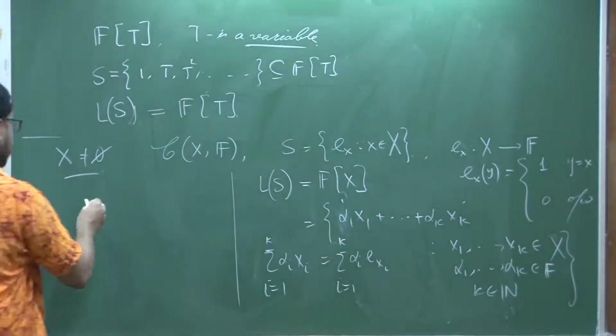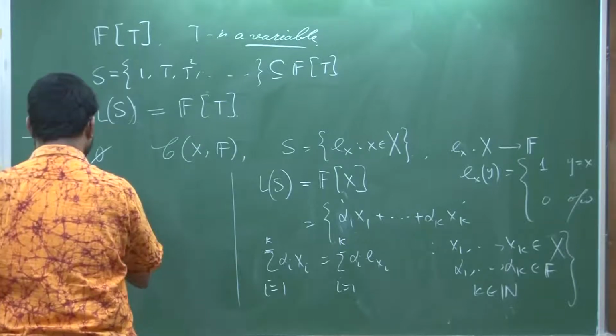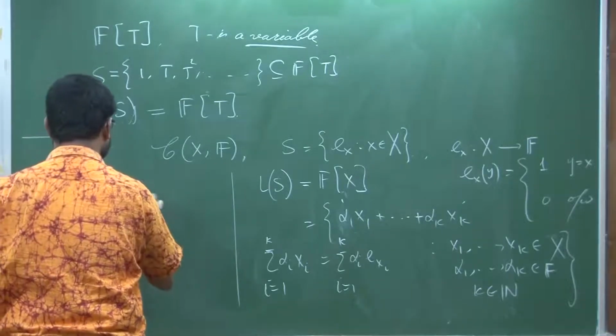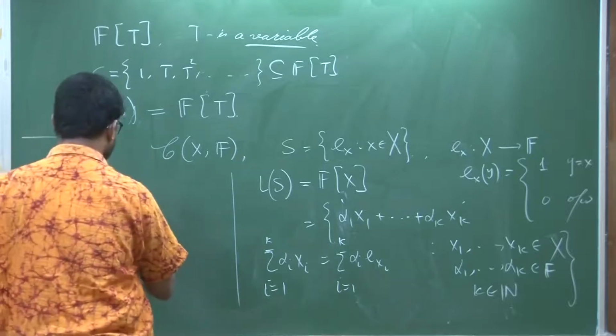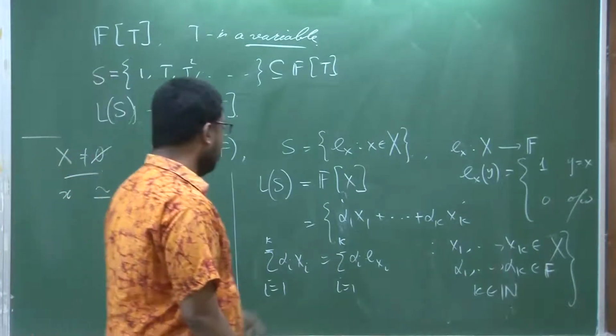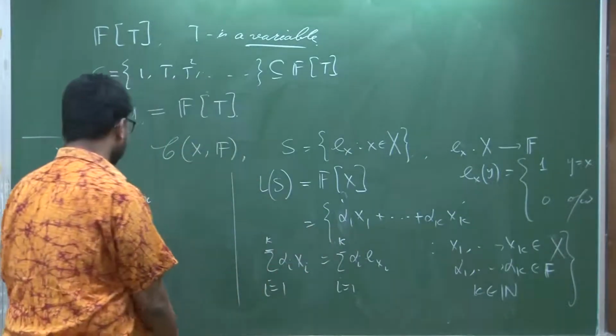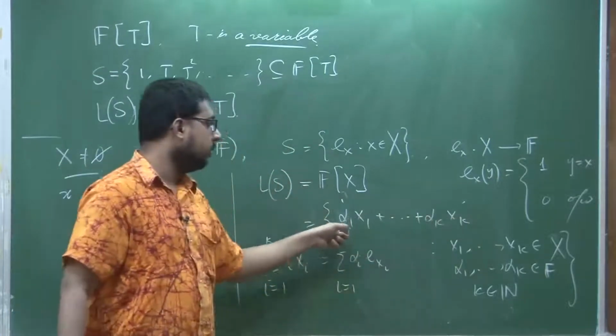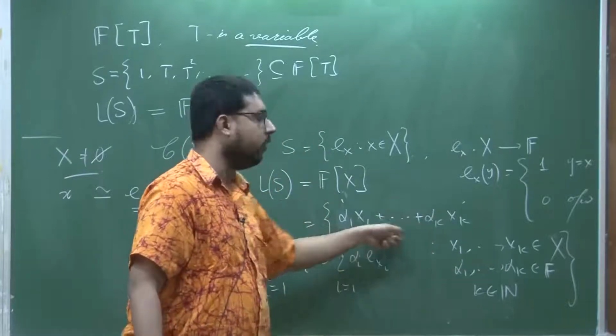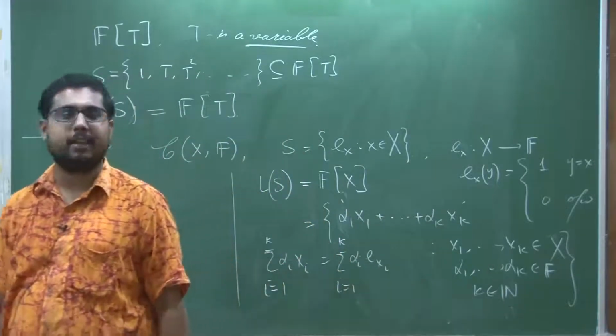So, what we will do now is a very obvious thing: we will identify x to the corresponding E x. By identifying, I mean I do not distinguish between x and E x. Let us also see, if I want to express E x by such a formal expression, what will that be?